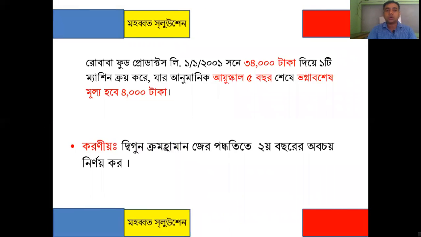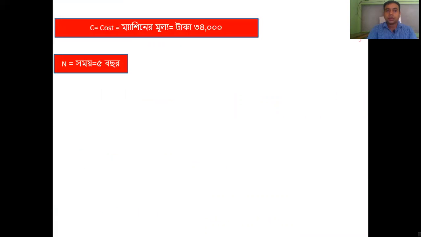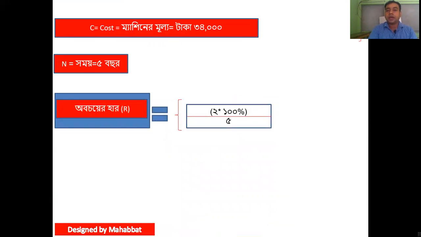Okay, so here C for cost. Cost means 34,000 taka. N for 5 years, number of years 5. As no percentage is given in this problem, we have to calculate the percentage for depreciation under the double declining balance method.